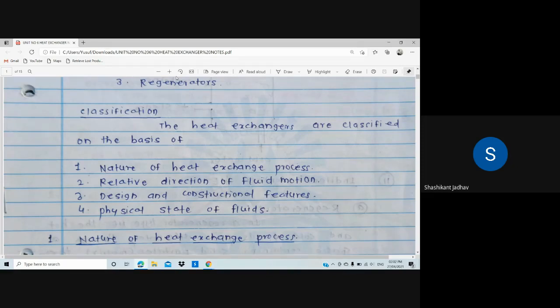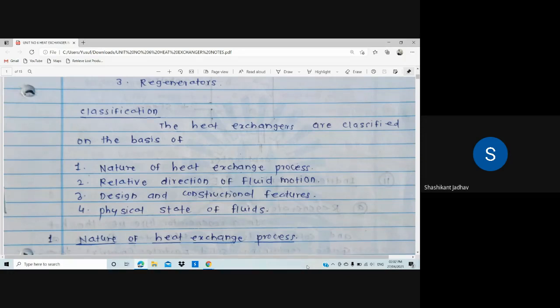Write down all the bases. Write down first, nature of heat exchange process.